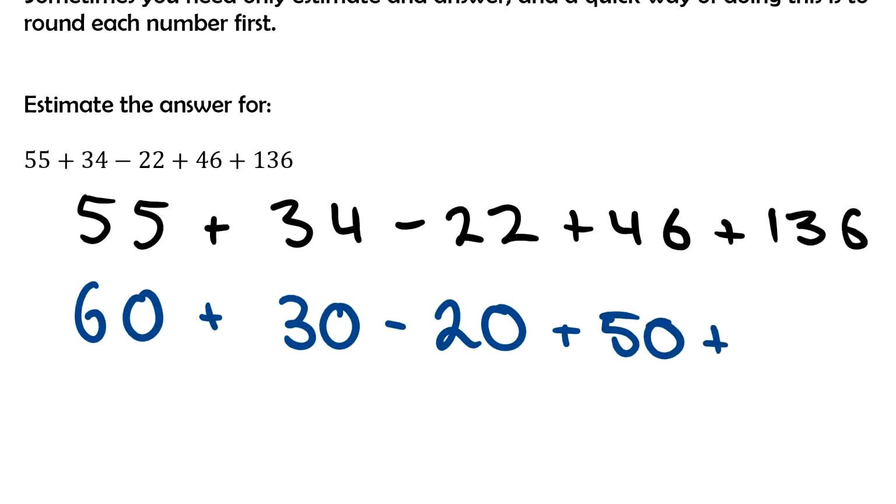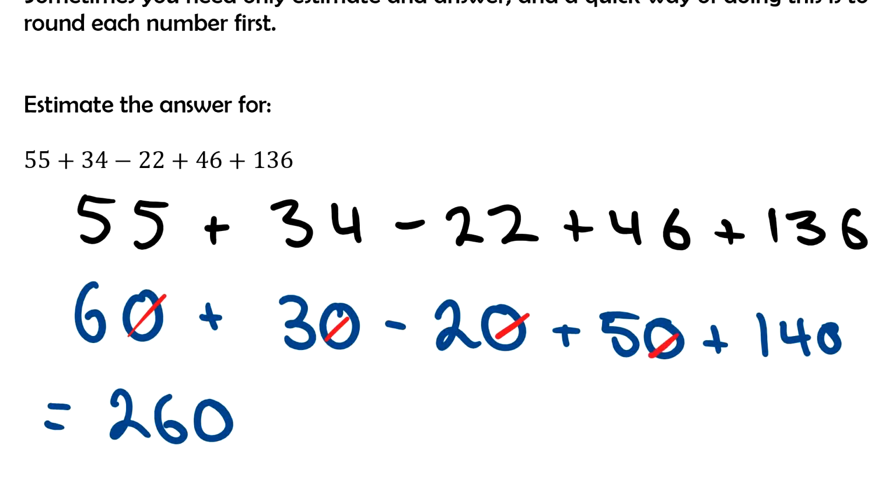And then finally 136, the last digit is greater than 5, so this goes to 140. So now we just have to add these numbers. If we add each of those, we get 260. Another trick you could have done here is removed all the zeros, add those numbers, and then add the 0 back on. Just something to think about.